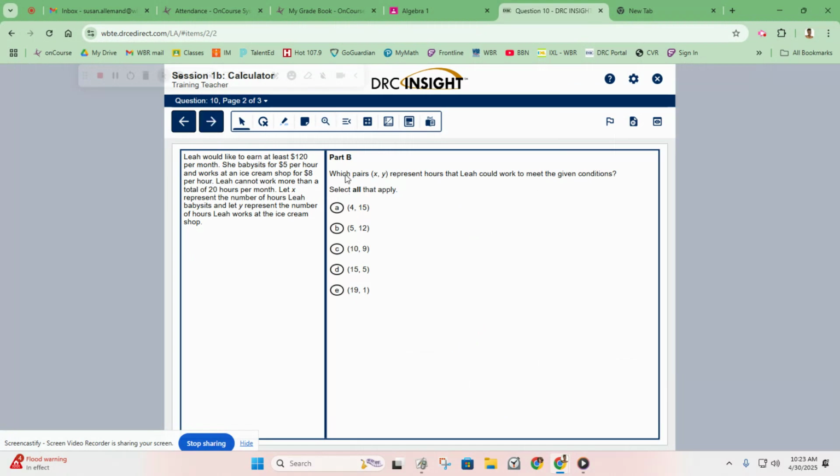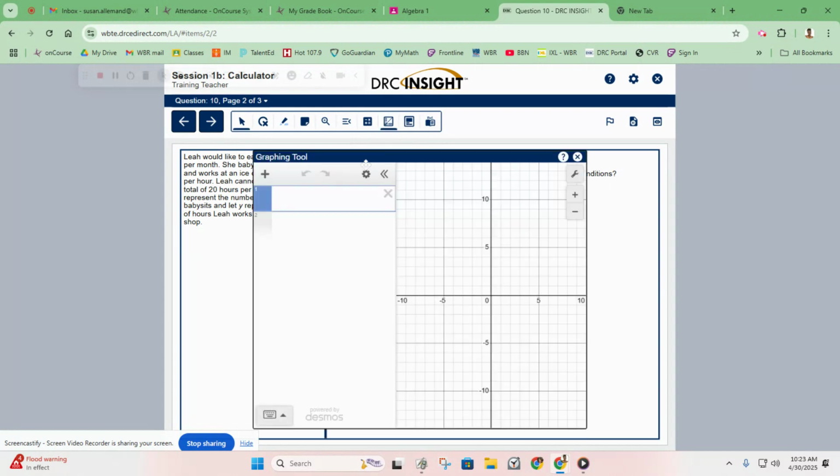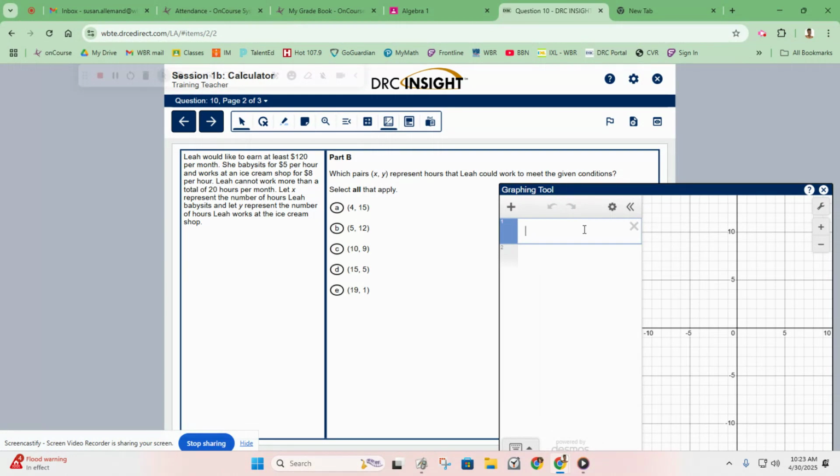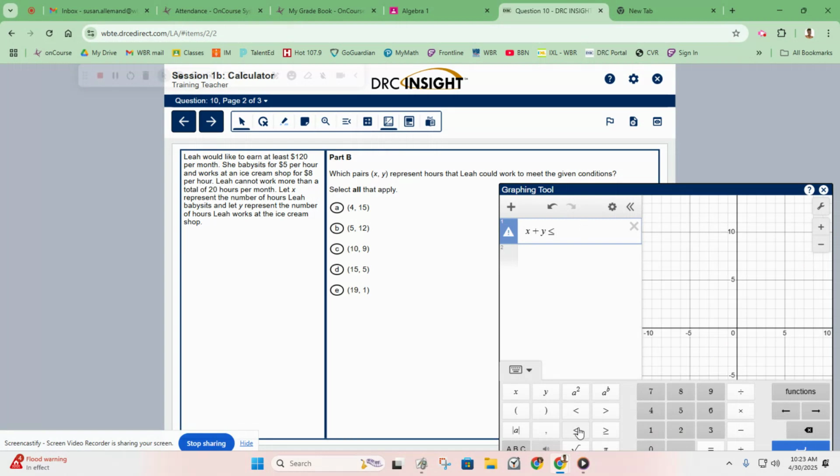Part B says, which pair, the XY coordinates, represents hours that she could work and meet those given conditions. So what we're looking for is which of these points fall in my solution area. So I'm going to do that inequality system again. X plus y should be less than or equal to 20.